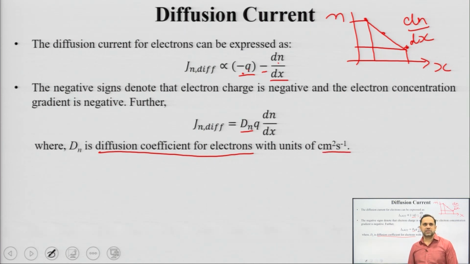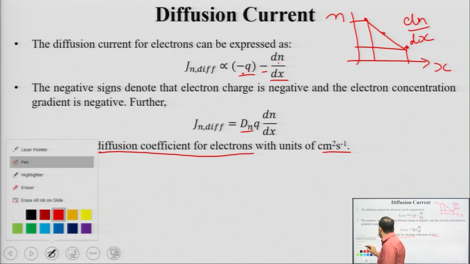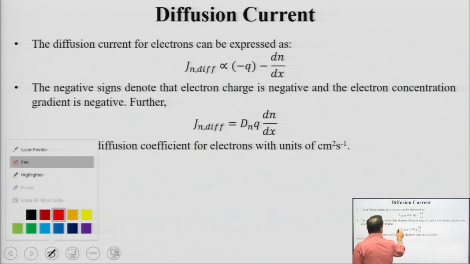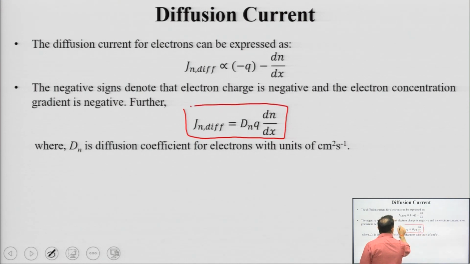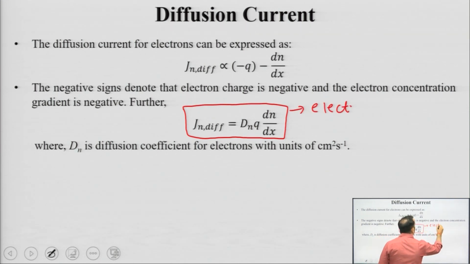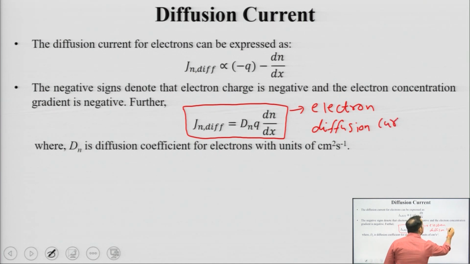Okay. This equation here tells you the electron diffusion current.